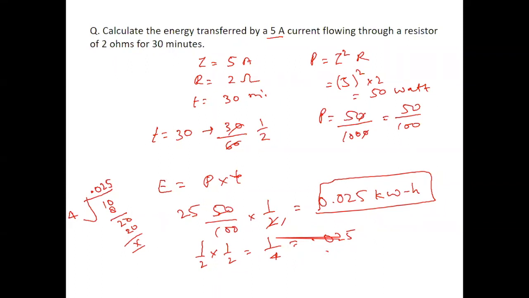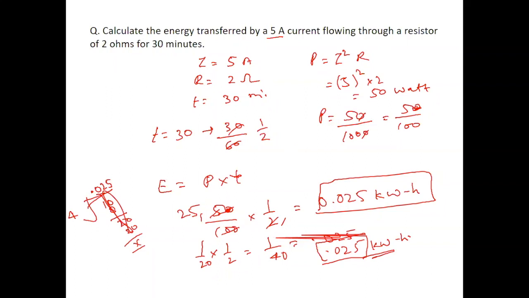Sorry, it's not 50, it's 5 by 100. So 5 by 100 is 1 by 20. Okay. So 1 by 40. 1 by 40 is 0.025. Okay, Nishan? The 0 is cancelled.